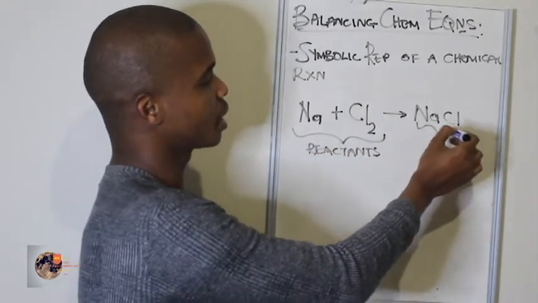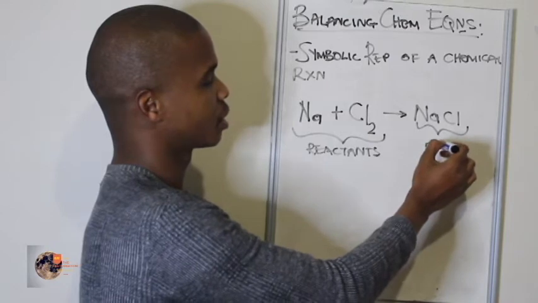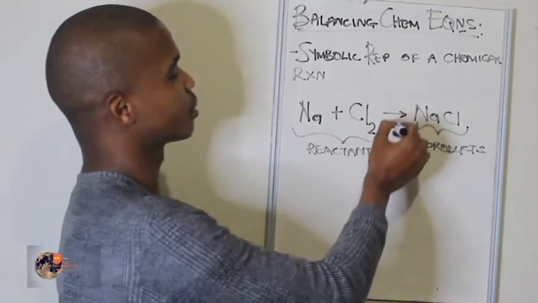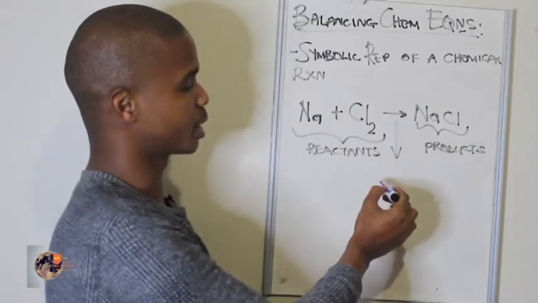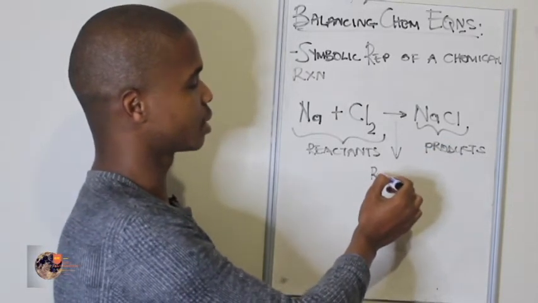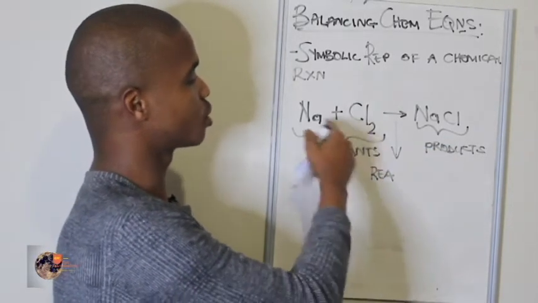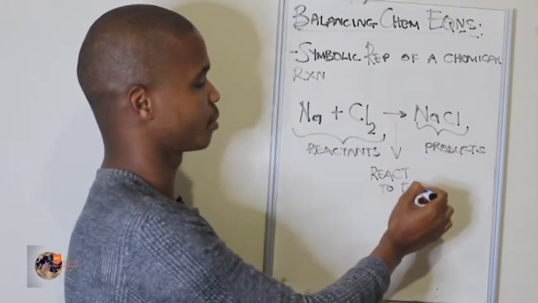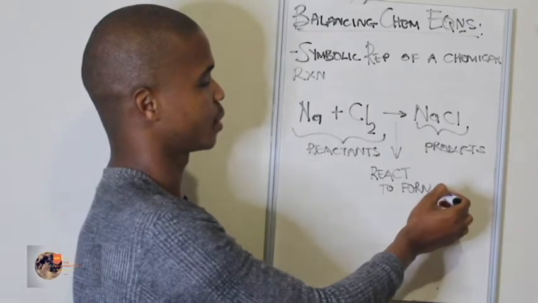And then this one would be your product. And then this arrow would represent that these two react to form that one.